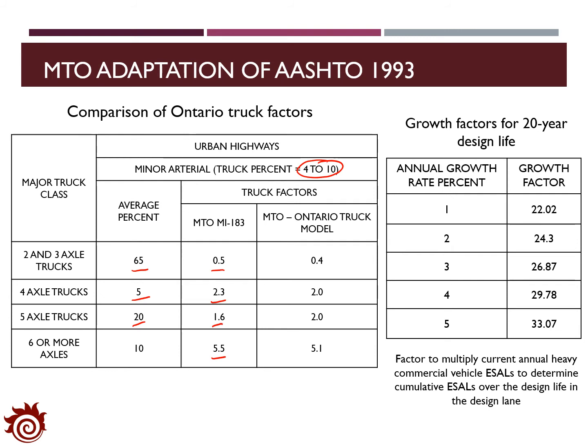While in Ontario, we applied an Ontario truck model, and it specified the truck factor as 0.4 for 2 and 3 axle trucks, 2.0 for 4 axle trucks, and 2.0 for the 5 axle trucks, 5.1 for 6 or more axle trucks. We will apply the Ontario truck model for the design of the flexible pavement.